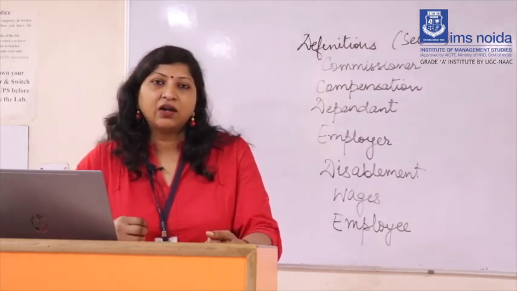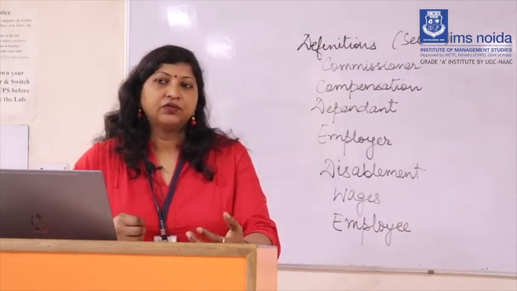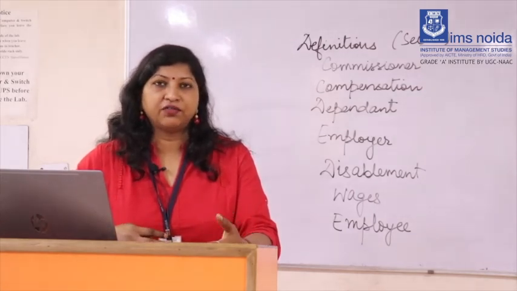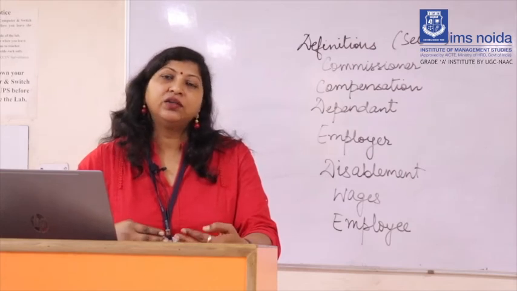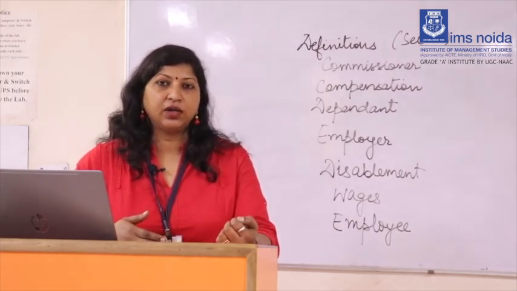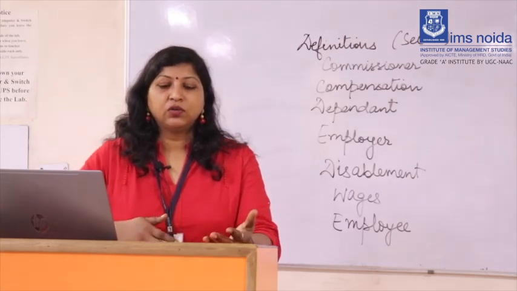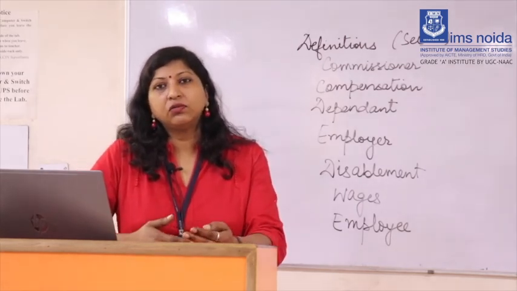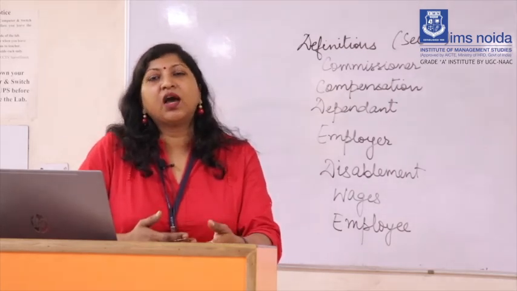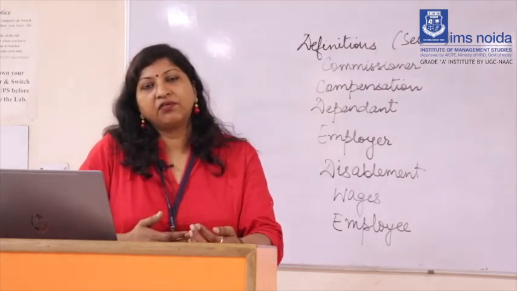So let us understand it with the help of an example. For example, a worker was working, say, in a factory in Ghaziabad, and the owners do have a factory at some other place in Gujarat, say for example, Surat. So the worker may be asked to, because of the need, he's a skilled workman, go and work in that particular factory.